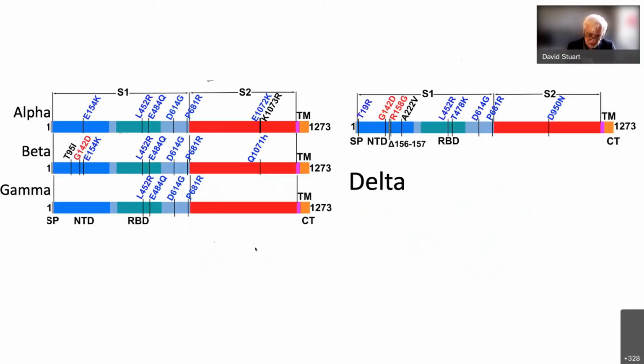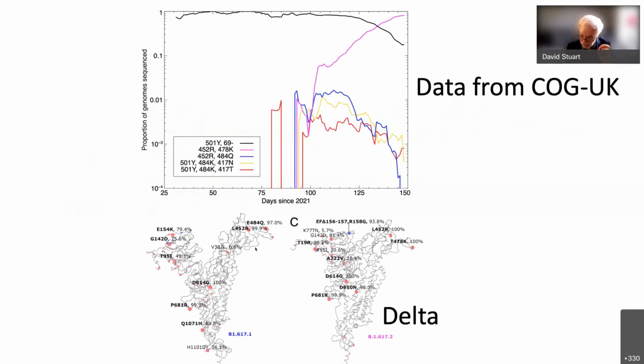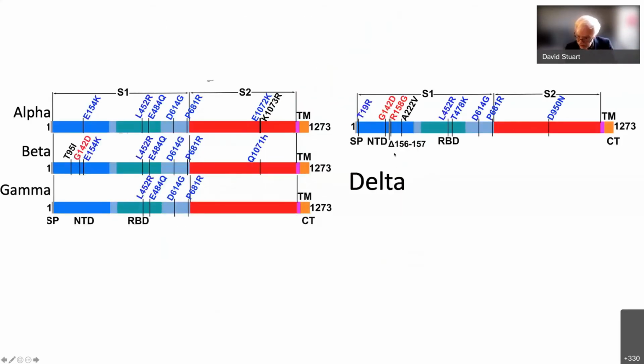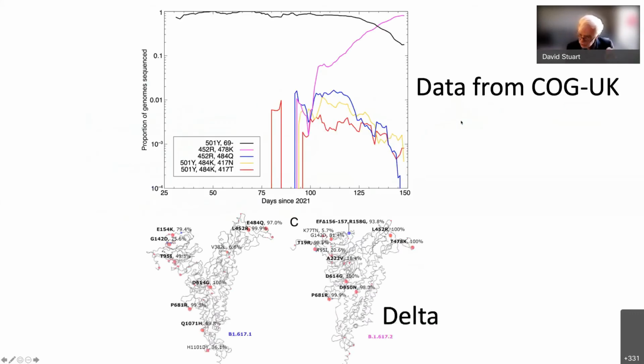against the beta variant. So to go on to the Delta variant, this is really radically different in terms of the mutations in the receptor binding domain. You can see the mutations here. There is a mutation at residue 452 and a mutation at residue 478.